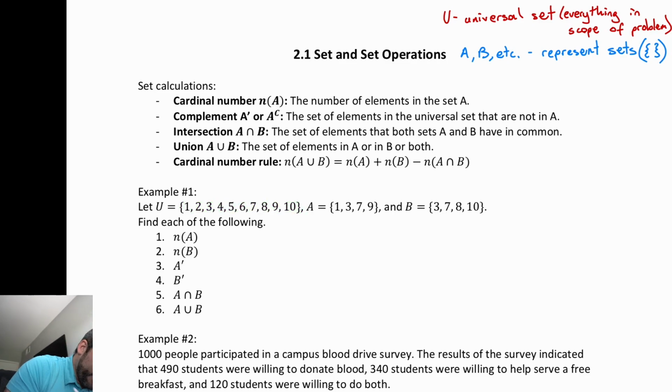So let's talk about some definitions here. The cardinal number, the first definition we see, uses this lowercase n to signify the number of elements in the set A. So if you see n parentheses A like this, that's asking you for a number, and the number it's asking for is the number of elements in A. If we're trying to do n of A here, that's going to be the number of elements in this set, and all you do is count how many things are in here.